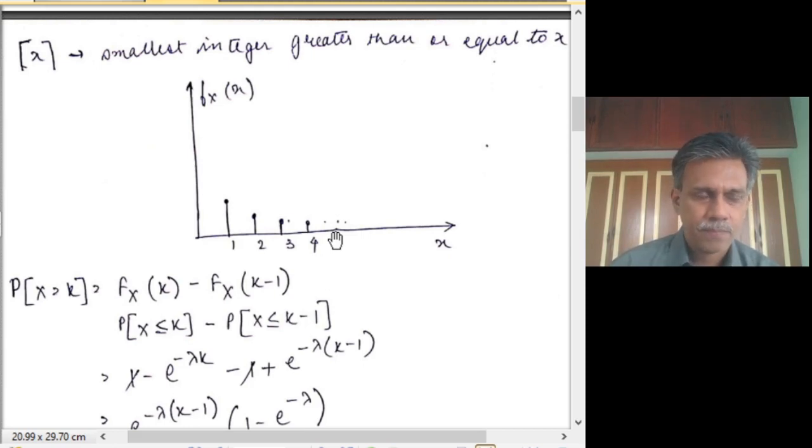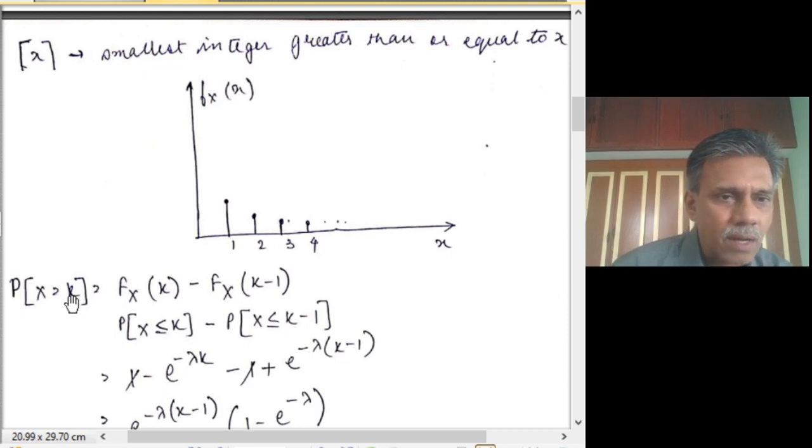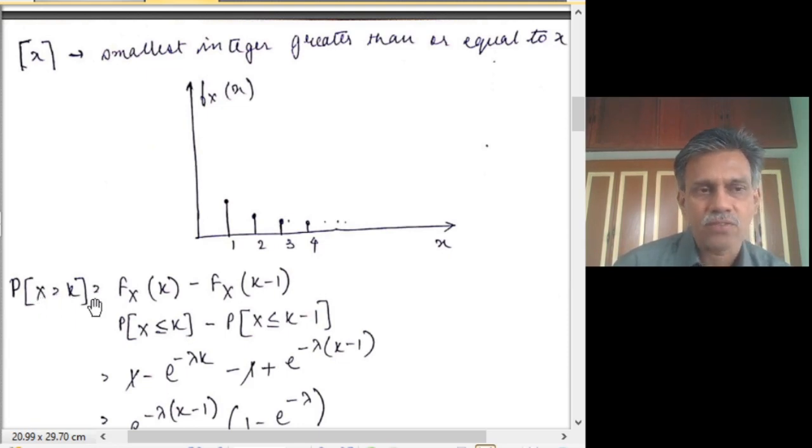And that is what we would first find out and look at whether it takes a form which is known to us already. So what we are interested in is the probability that ceil of x is equal to k.